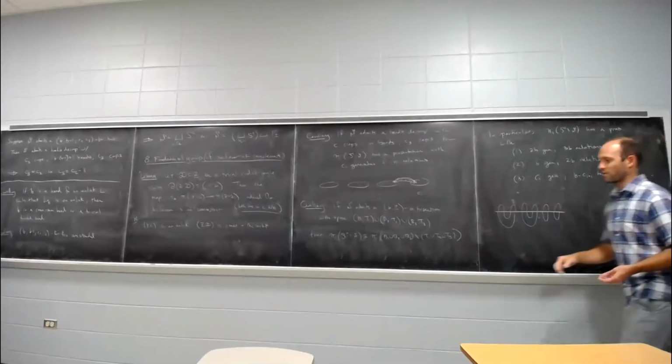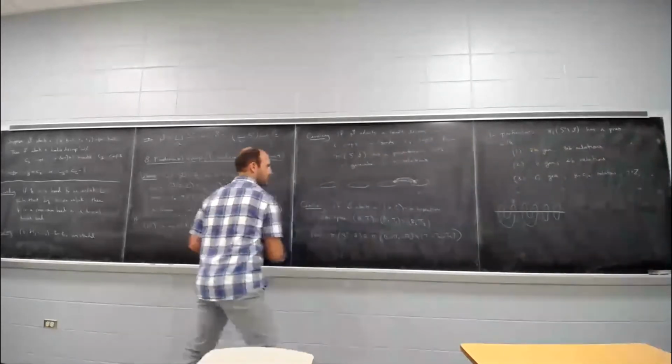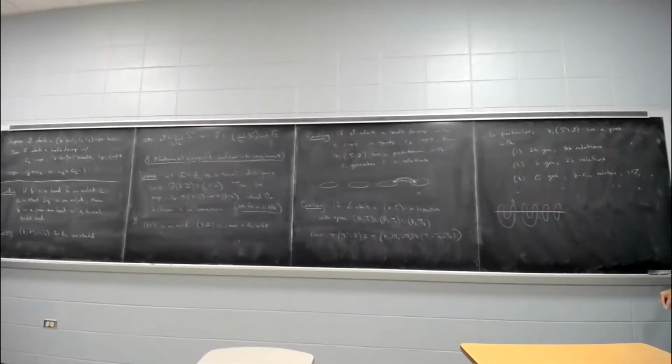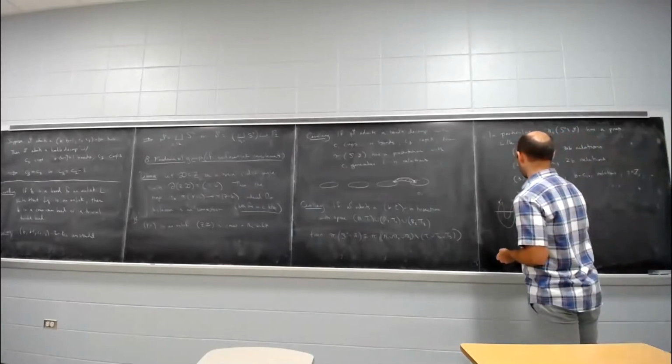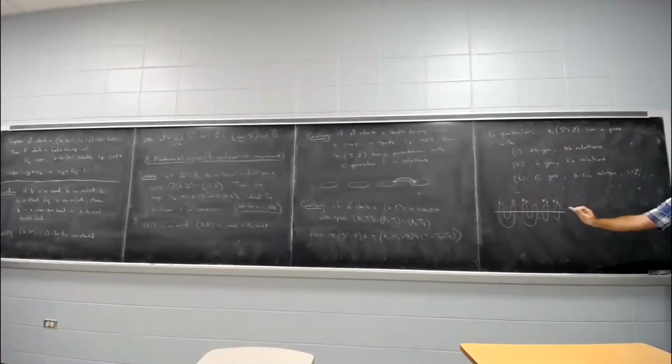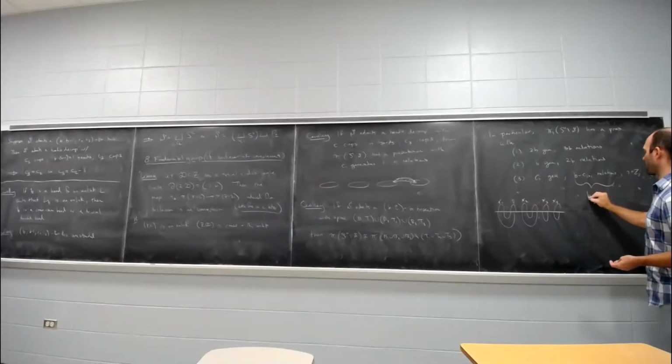And then where are your generators going to come from? Well, instead of getting a generator from each of these bridges, we're actually just going to get one from each component. Okay, from this unlink exterior, where you have a free group on 4 generators. And then these relations come from the bands.